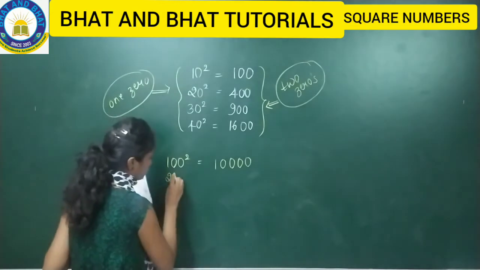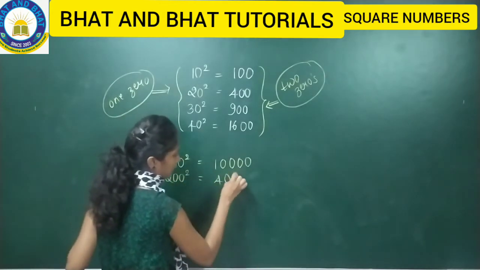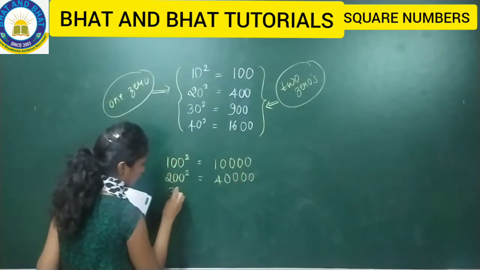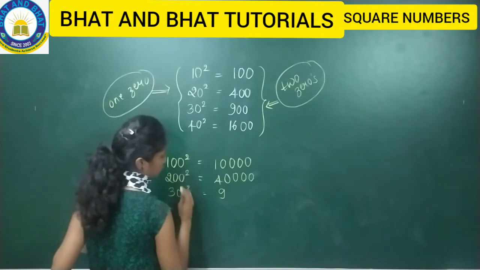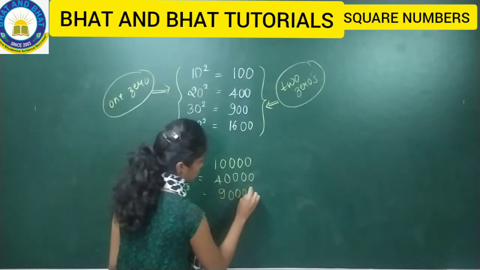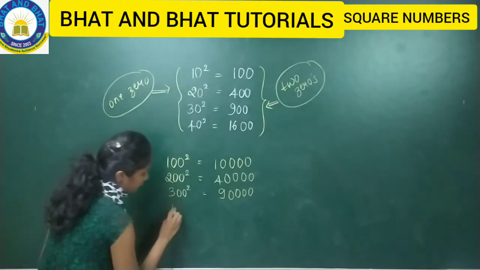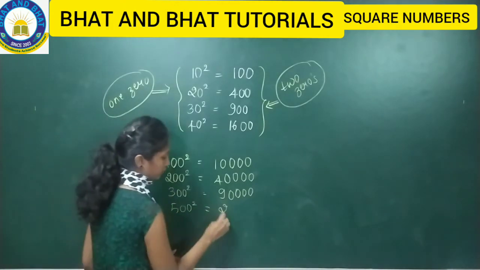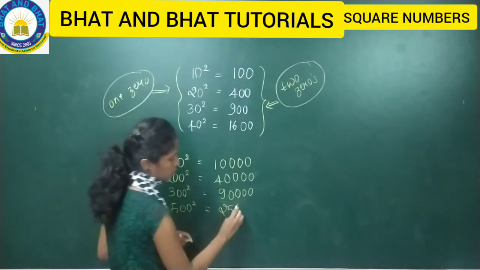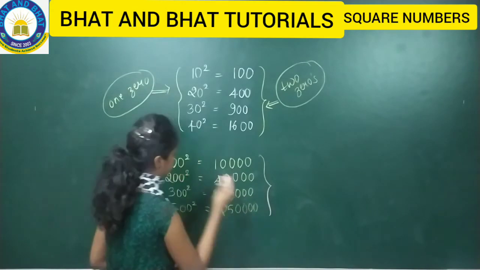In the same way, 200 square: 2 twos are 4 and there will be 4 zeros. 300 square: 3 threes are 9, 2 zeros will become 4 zeros. In the same way, 500 square: 5 fives are 25, so 2 zeros will become 4 zeros. So this is the trick that you can follow.